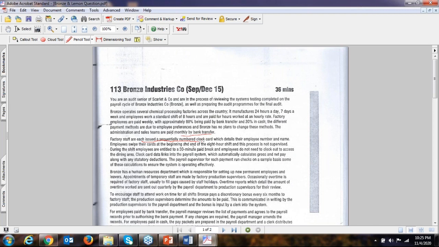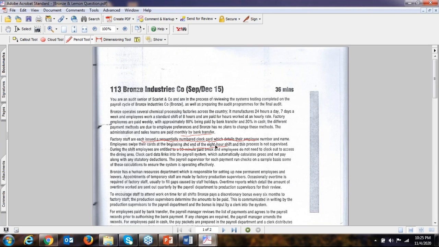The clock card details their employee number and name, and employees swipe their cards at the beginning and end of the 8-hour shift. This is the complete key control. So here, just copy this line and paste it in your answer. This is the key control.